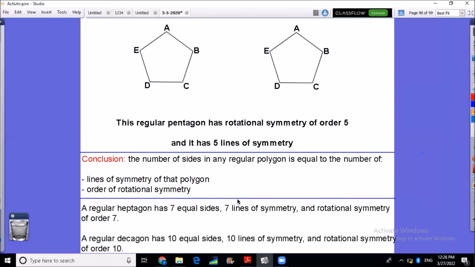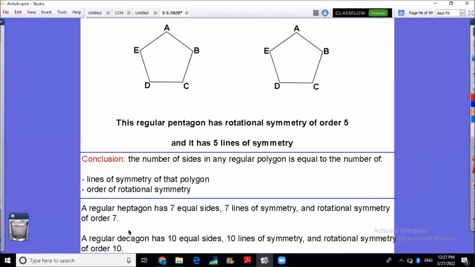For example, a regular heptagon, focus, it is a regular heptagon, which means all the sides are equal. A regular heptagon has 7 equal sides, okay? And so it has 7 lines of symmetry. So it has a rotational symmetry of order 7. Okay, a regular decagon.